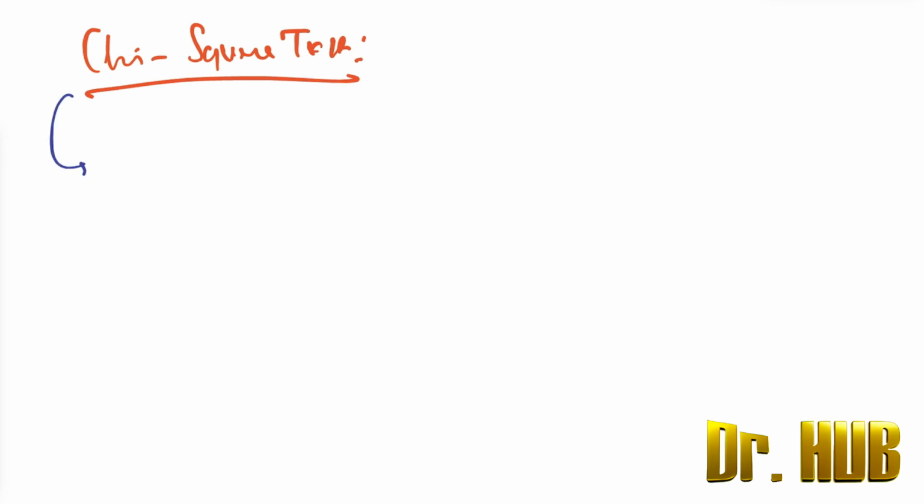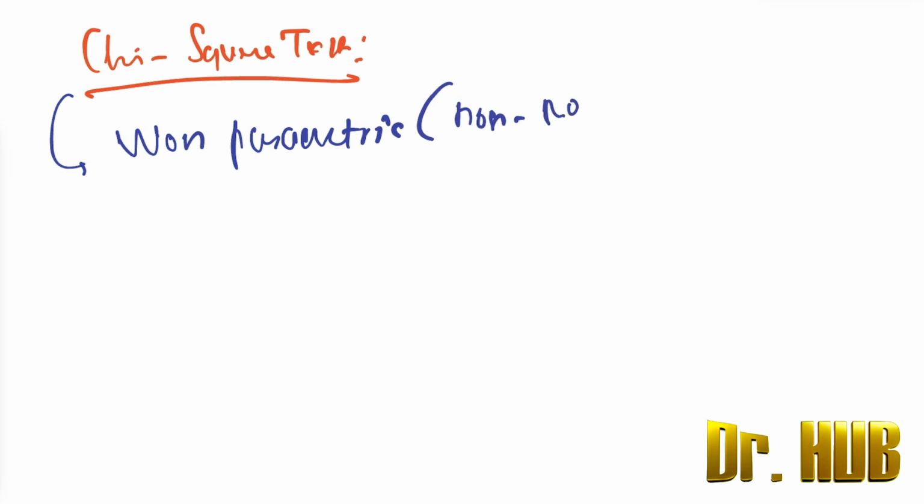Next we move on to the chi-square test. The chi-square test is non-parametric, that is, a non-numeric test.